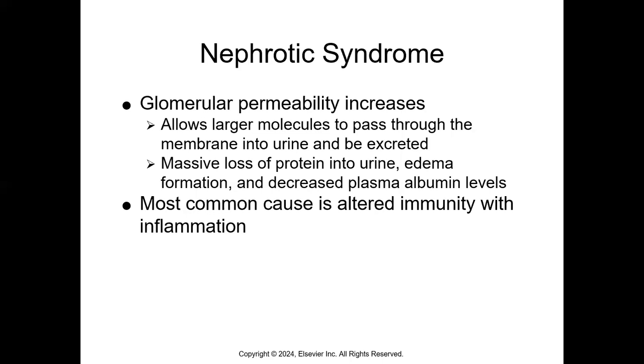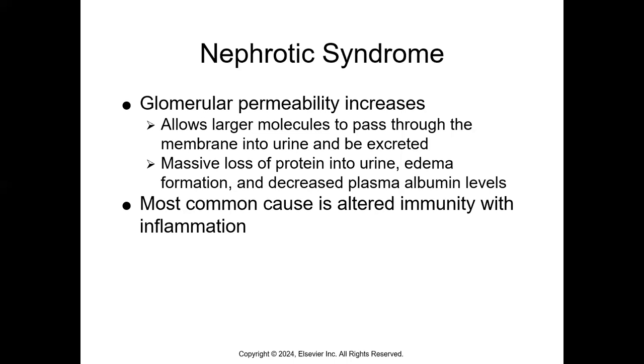And the most common cause is changes with your immunity due to inflammation. So think of this as an immune kidney disorder. So increase in glomerular permeability allows the large molecules to pass through. They're excreted out and gotten rid of.